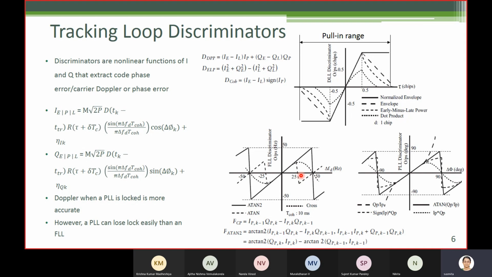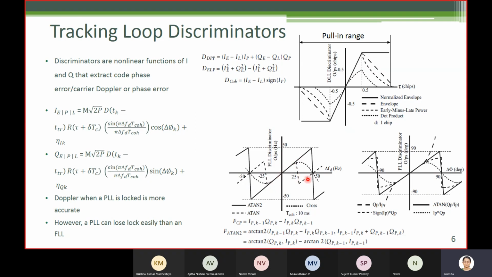For 10 millisecond in case of the ATAN2 discriminator, it is within plus minus 50 Hz. So this implies that after acquisition, the actual error must be within this range, the pulling range. Otherwise, the tracking loop will not be able to bring the error to near zero with the help of negative feedback control.